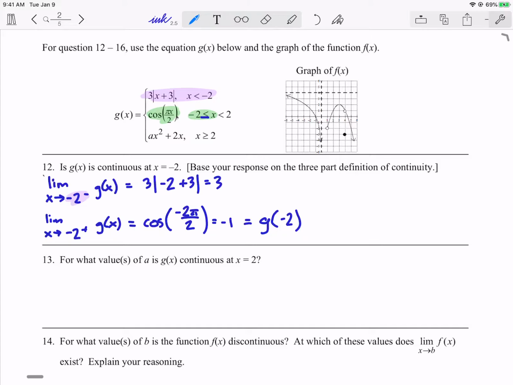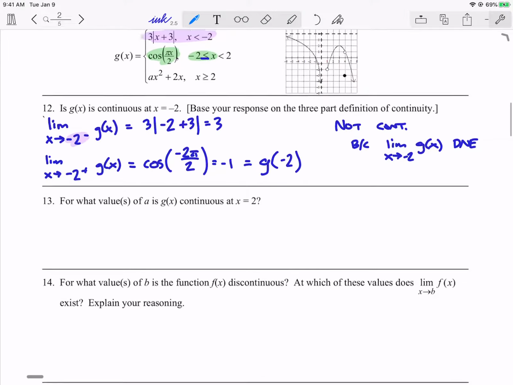So my right-sided limit and my function's value are the same, but the limit does not exist. So not continuous, because limit as x goes to negative 2 of g of x does not exist, because the left-sided limit does not equal the right-sided limit. So I've said that, you would need to write that.